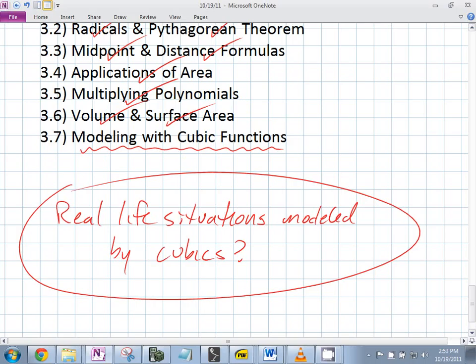So the first part of your homework is to find a real-life situation modeled by a cubic. Find me one.